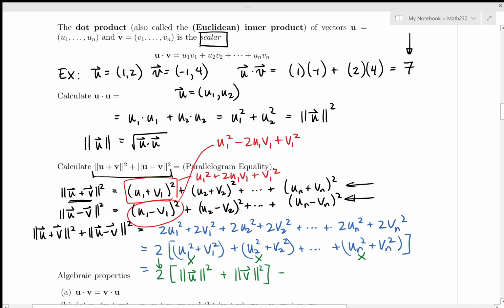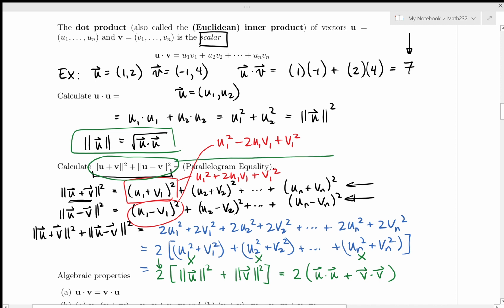And that is, in fact, given what we showed right here, equal to 2 times the dot product of u plus the dot product of v. This is very exciting. Okay, so this thing here, my initial thing that I added up, I have now showed that that is equal to 2 times u dot u plus v dot v.